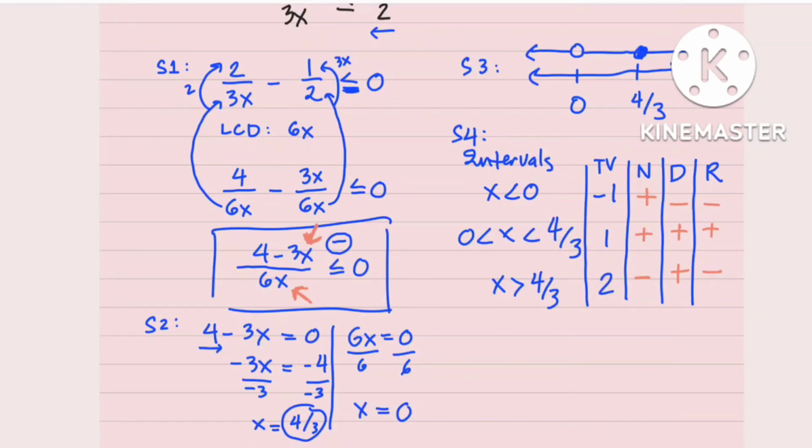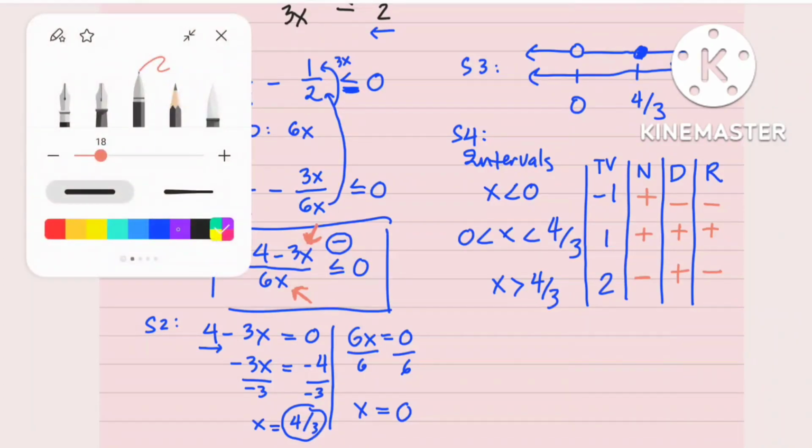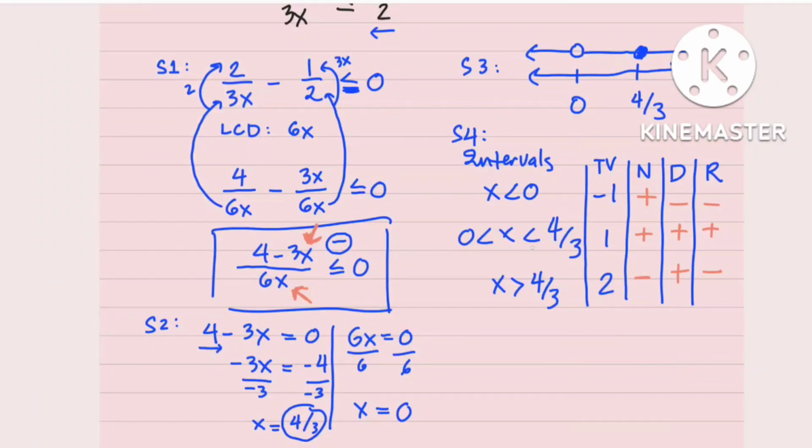The ratio, negative. Going back, we allow 4/3 to be a possible solution. And then we want the ratio to be negative. It means these two are our solutions. So our final answer will be x can be any number less than 0, or it can be at least 4/3.